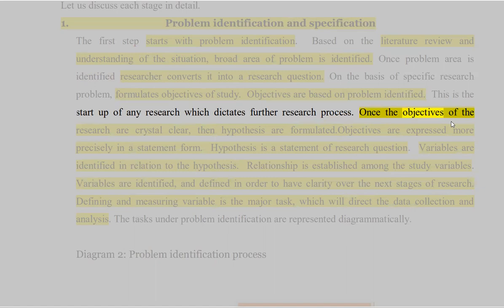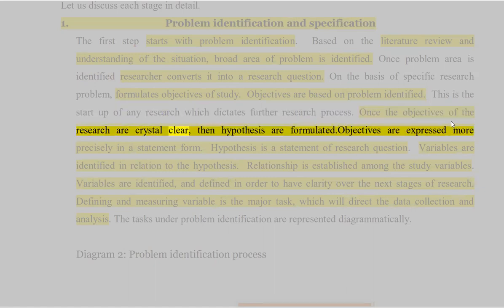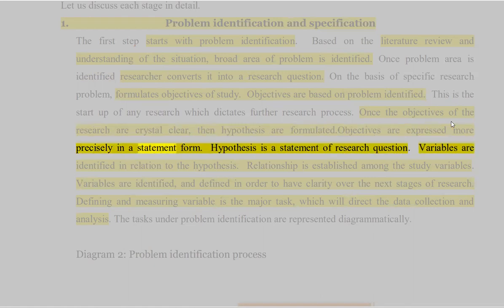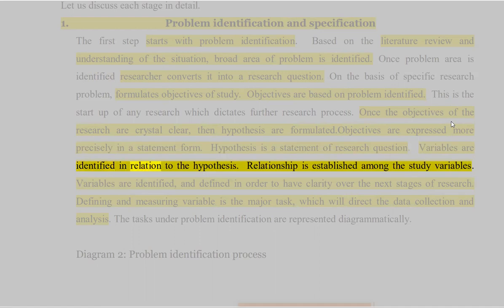Once the objectives of the research are crystal clear, then hypotheses are formulated. Objectives are expressed more precisely in a statement form. A hypothesis is a statement of the research question. Variables are identified in relation to the hypothesis. A relationship is established among the study variables.